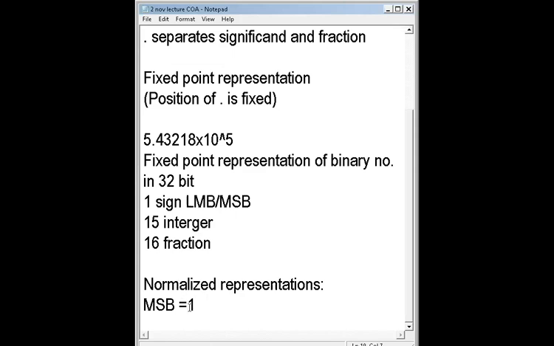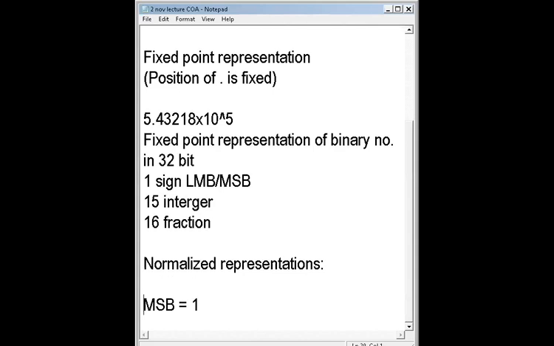This is called normalized representation for binary numbers. Here MSB means most significant bit, and bit is basically used for binary numbers. So when we are representing numbers in binary, the most significant bit is equal to 1, and it is not recorded. This is called the hidden bit.